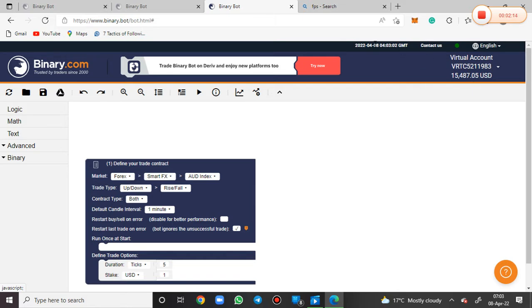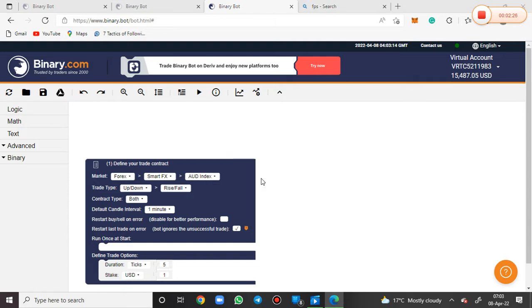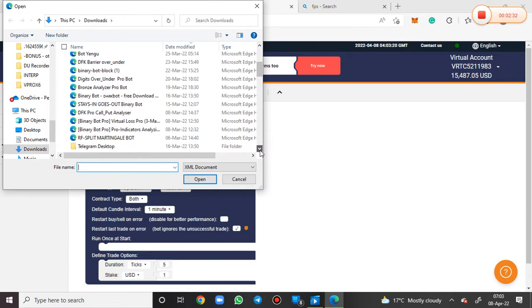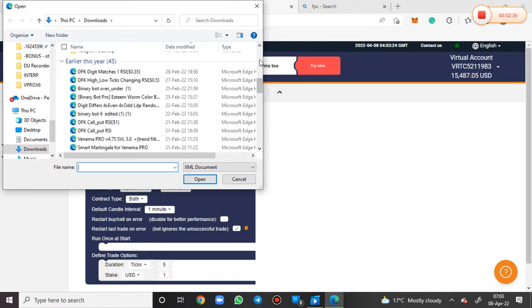Now, once you have your account logged in, you click on this second icon from the left. Then it takes you to my computer where the blocks are. Then here, depending on which bot you have, like me, I have so many bots here, but I don't use all of them.